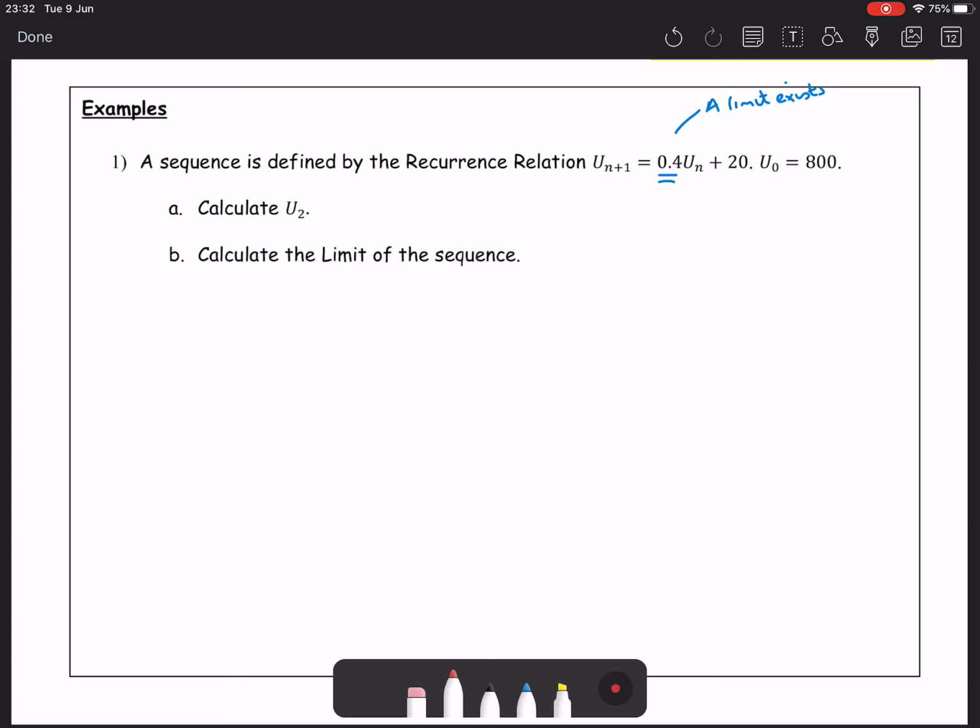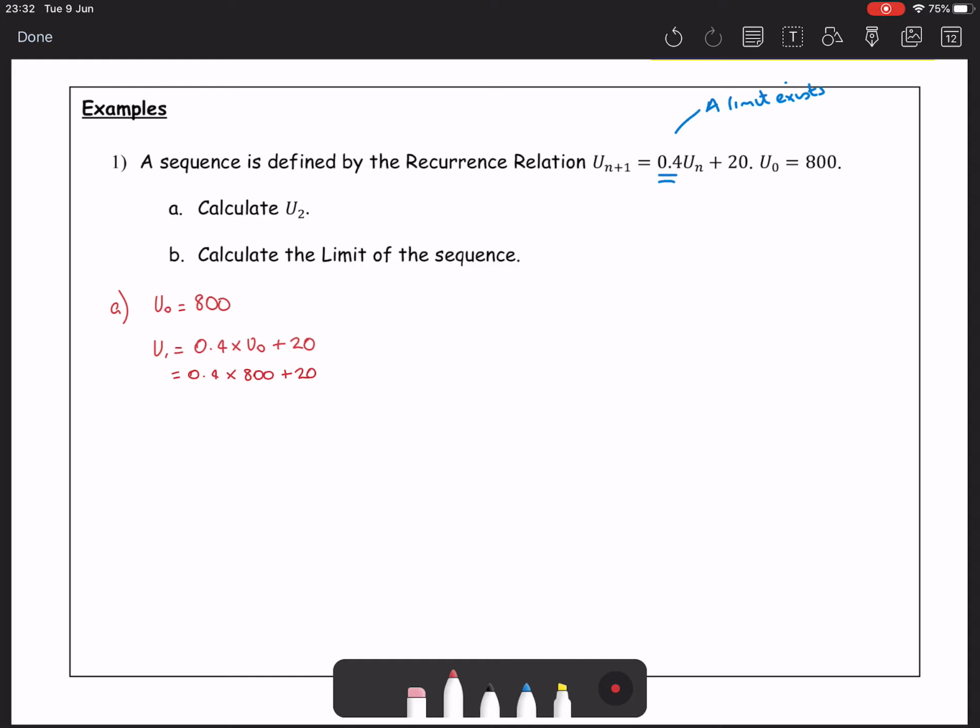So part A, we're given a u0 value, similar to previous. Our u1 value is 0.4 times u0 plus 20, u1 being the next term in our sequence: 0.4 times the previous plus 20, which is 0.4 times 800 plus 20.